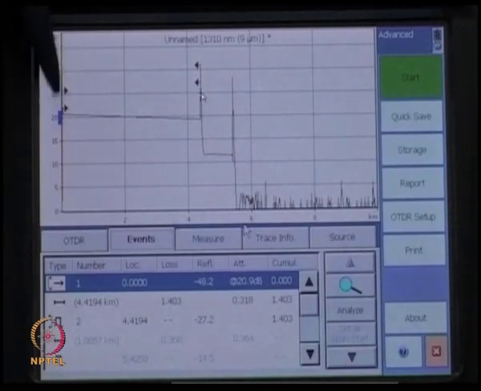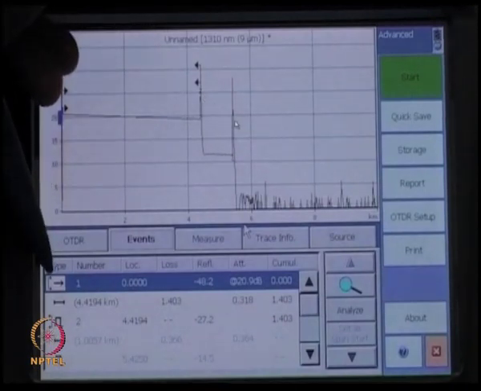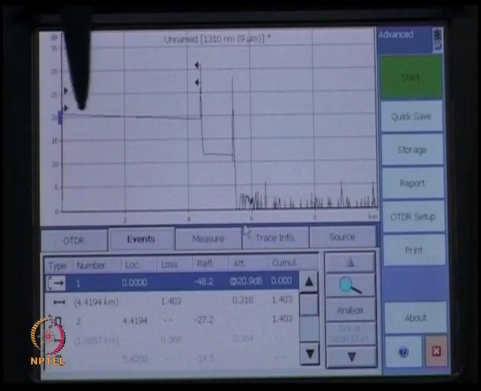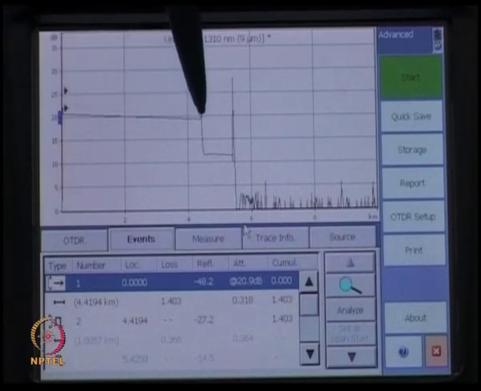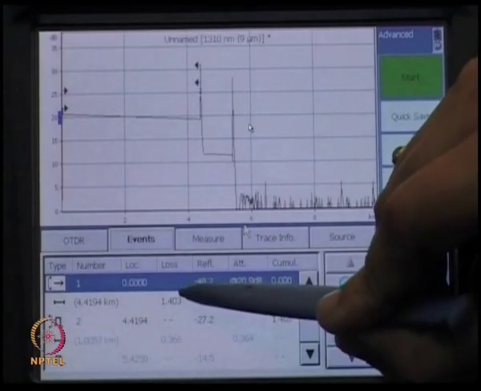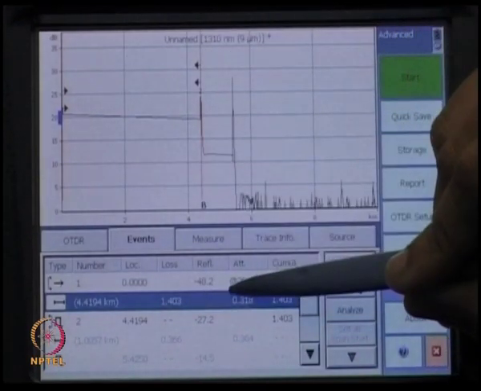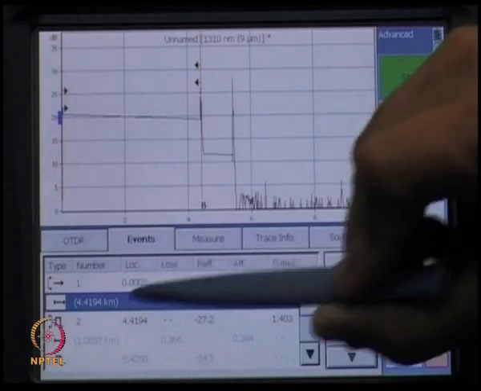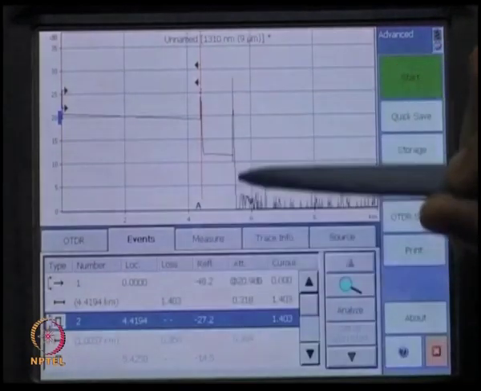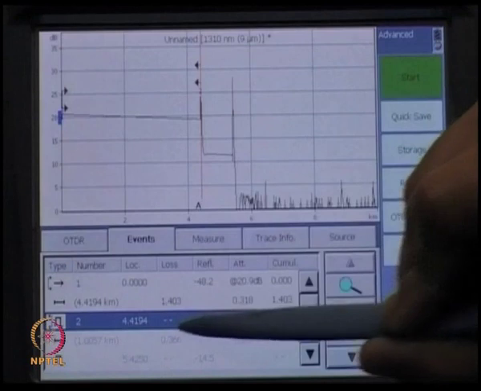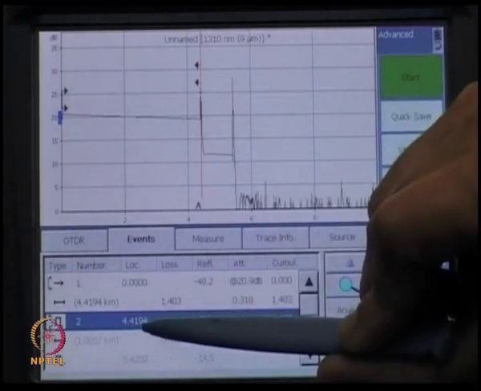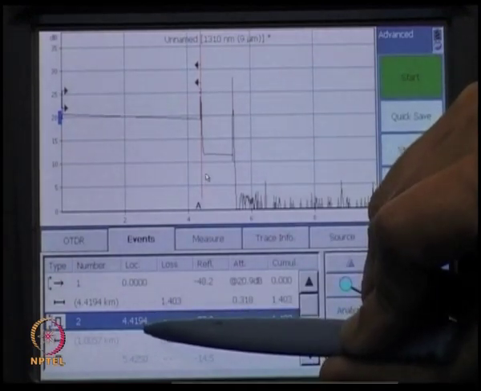These peaks which you see here, this peak, these are the ones which come because of the Fresnel reflection. So, that is the 4.4 kilometer length of the fiber.